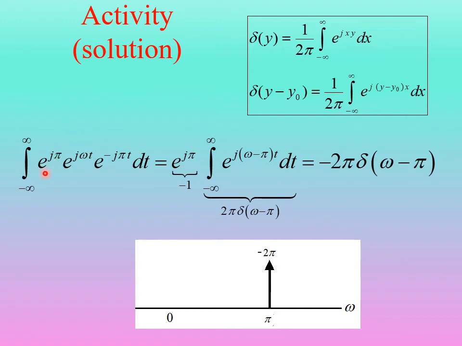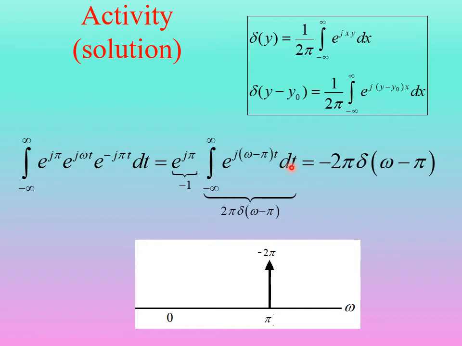So we can bring this e to the j pi out in front and change it to a minus sign. What's left inside, I've combined the two exponents: e to the j times (omega minus pi) times t, dt.